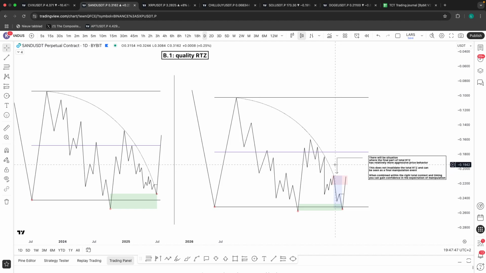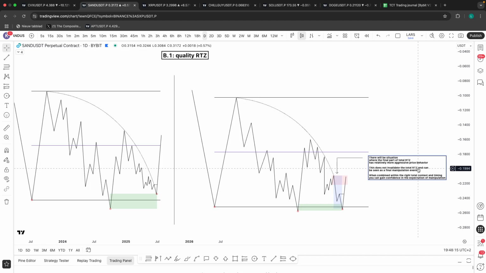But then that final phase, where your third tap is coming into the third tap POI and you get your bullish breaker structure, that final phase of the model is in a bit of a more explosive and aggressive environment. There will be situations where the final part of the total return to zone has relatively more aggressive price behavior.